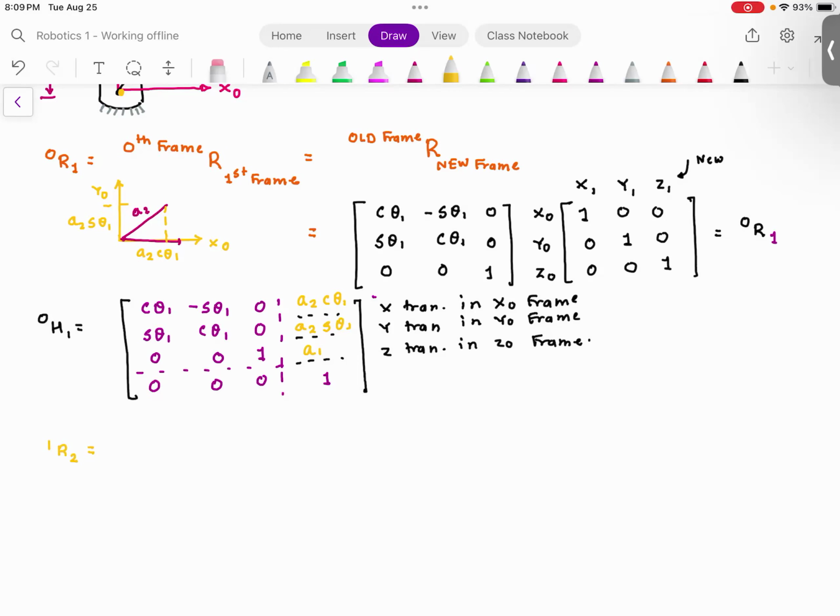Can you see this rotation is about z axis? This is about z, which means same rotation matrix will be used.